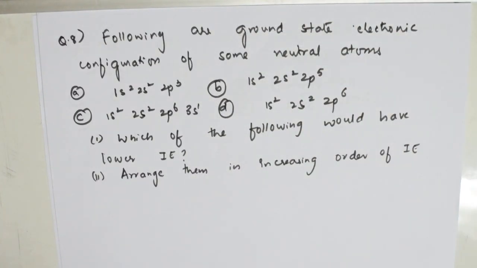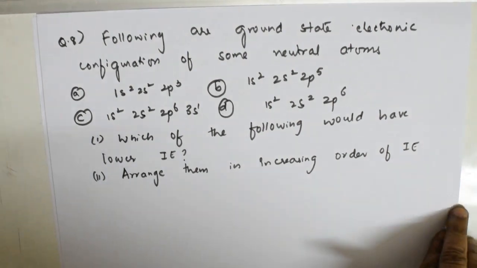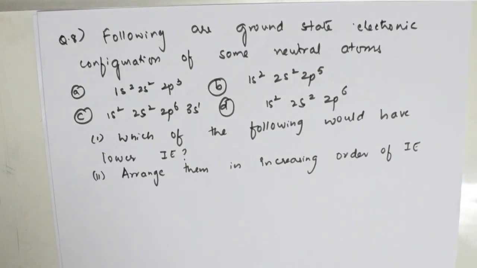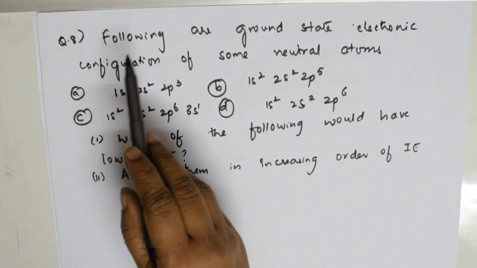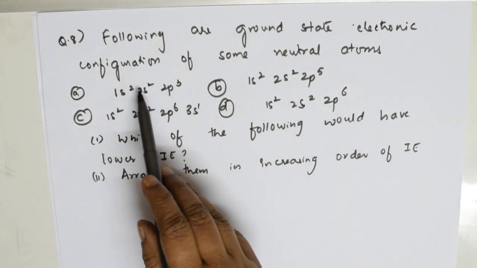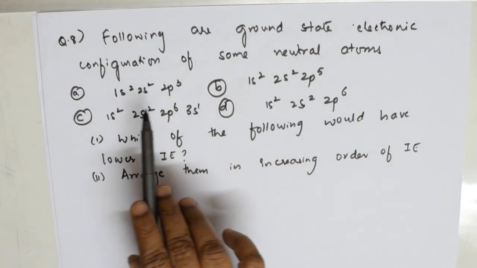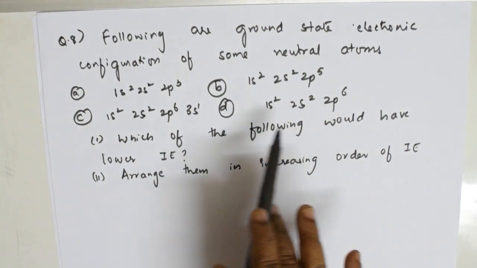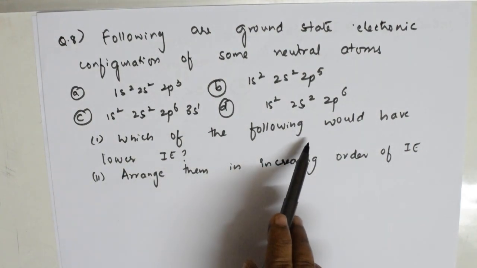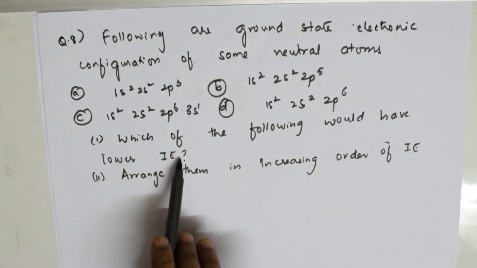Okay, let us come to the 8th question. Now let us read this question. It is a little bit lengthy because my handwriting is too big. Following are the ground state electronic configurations of some neutral atoms. Which of the following would have lower ionization energy?